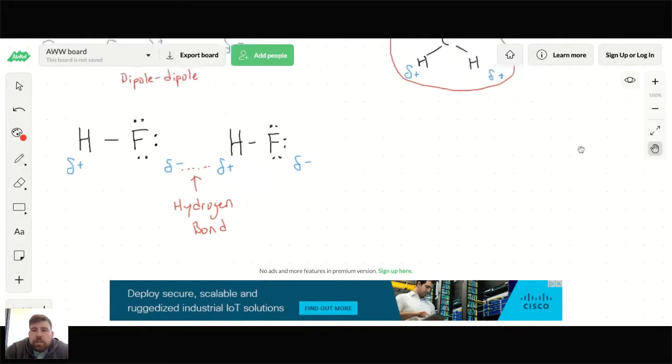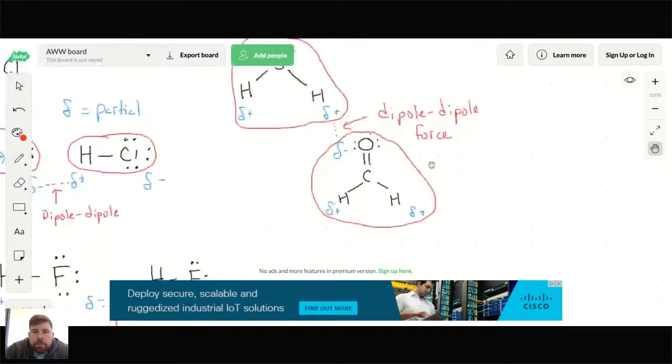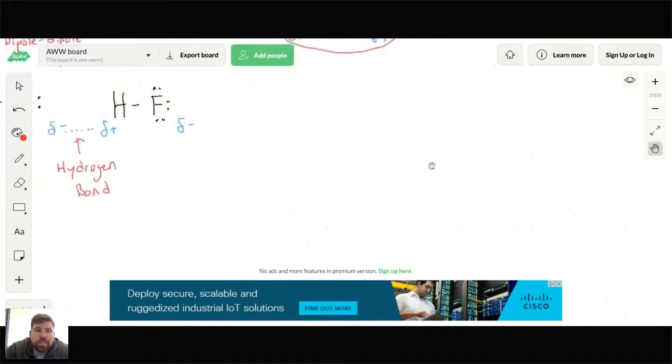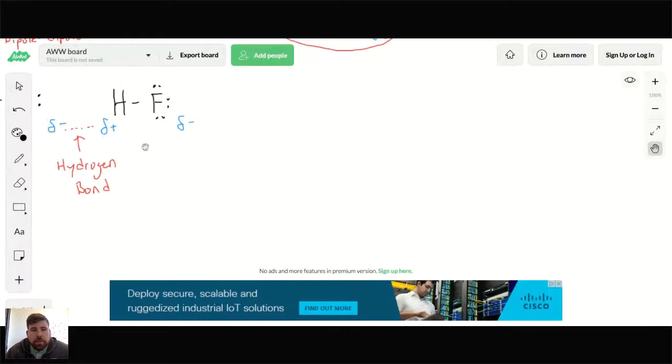So some of you are probably looking up at the formaldehyde molecule that I drew here, and this is still considered a dipole-dipole force and not a hydrogen bond because the hydrogen is not directly bonded to the oxygen. So what I decided to do is add a molecule here to show you. That's going to be our methanol.